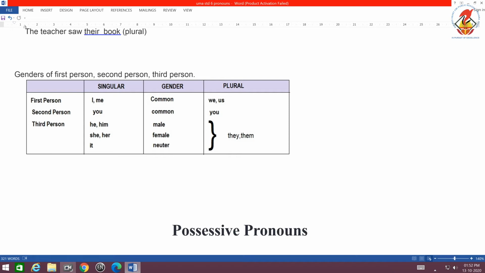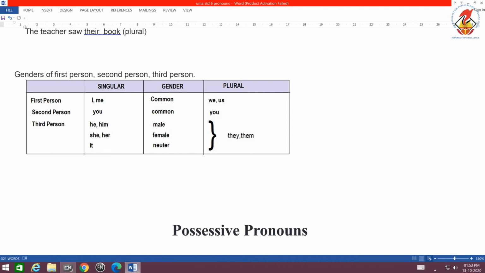Then third person, he, him, she, her, it. He and him refer to male, masculine, that means boys. She, her means female, that means girl. Then it is neuter gender. Neuter gender means what? Neither feminine, nor masculine, nor common.